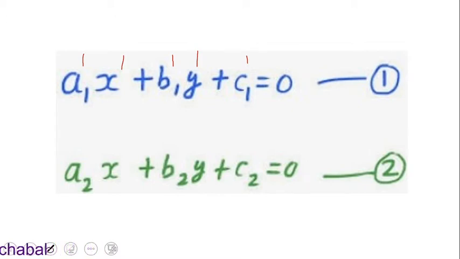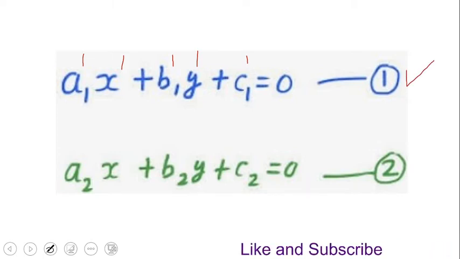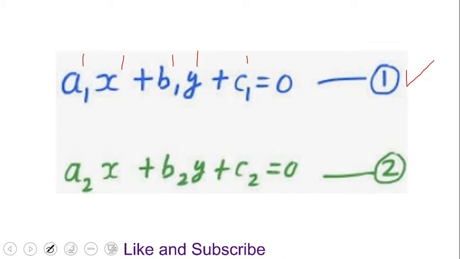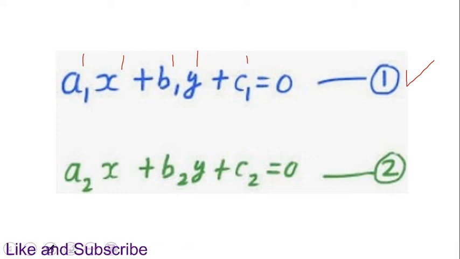Here we observe that instead of one equation there are two equations. This is the first equation, and the second equation is also a linear equation, with the highest power exactly equal to 1. So we have two equations.